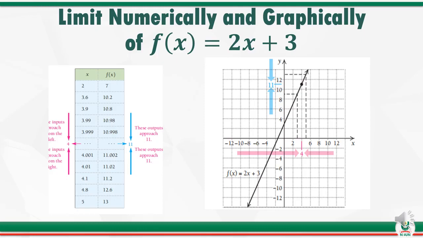When x is 3.6, if you put this input value in 2x plus 3, we are going to have 10.2. When it is now approaching 4, 3.9, when we put it in the function f of x is equal to 2x plus 3, we have 10.8. If you have 3.99, we have 10.98. If you have 3.999, we have 10.998.